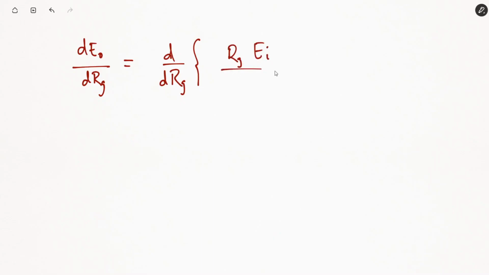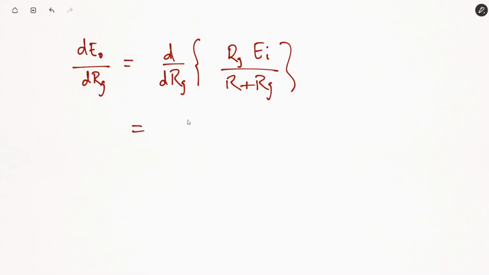So dE naught divided by dRg will be d by dRg of Rg into EI divided by R plus Rg.